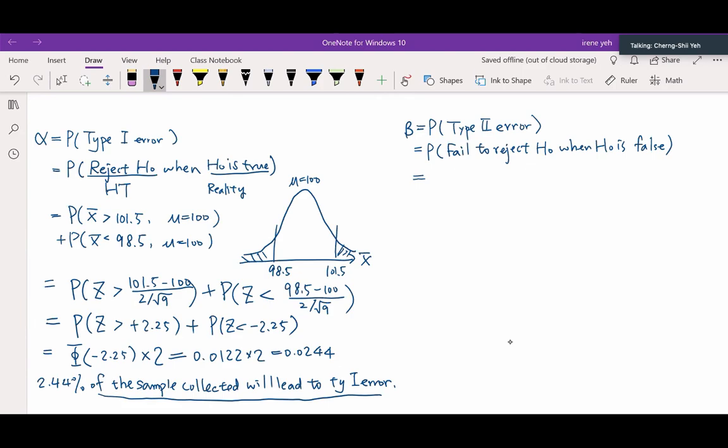Assuming that 98.5 to 101.5 is our acceptance area, we fail to reject the null hypothesis when my sample average is located within the confidence interval, right? 98.5 to 101.5.